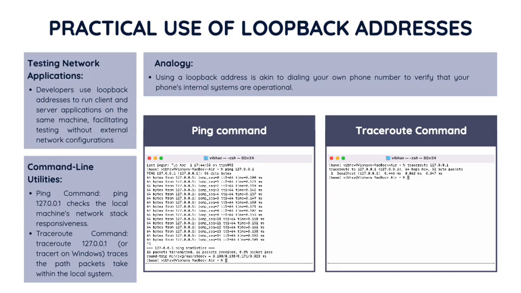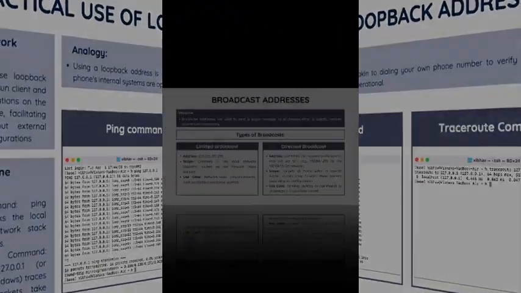So when we run this command, it displays a single hop to the localhost, since the packet never leaves the system, and in a single hop it reaches its destination. So that is what the localhost is actually. A simple analogy, using a loopback address is like calling your own phone number to make sure your phone is working.